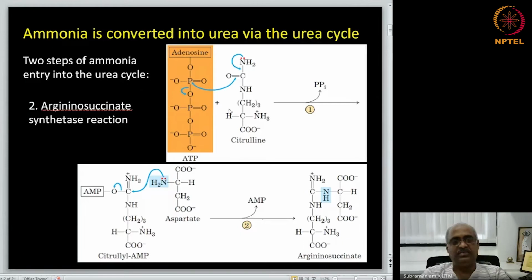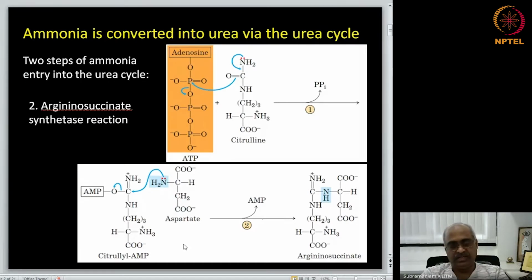The arginine group primarily comes from the structure of the citrulline, and the succinic acid group comes from aspartate minus the amino group. So this reaction combines citrulline and aspartate to form argininosuccinate.